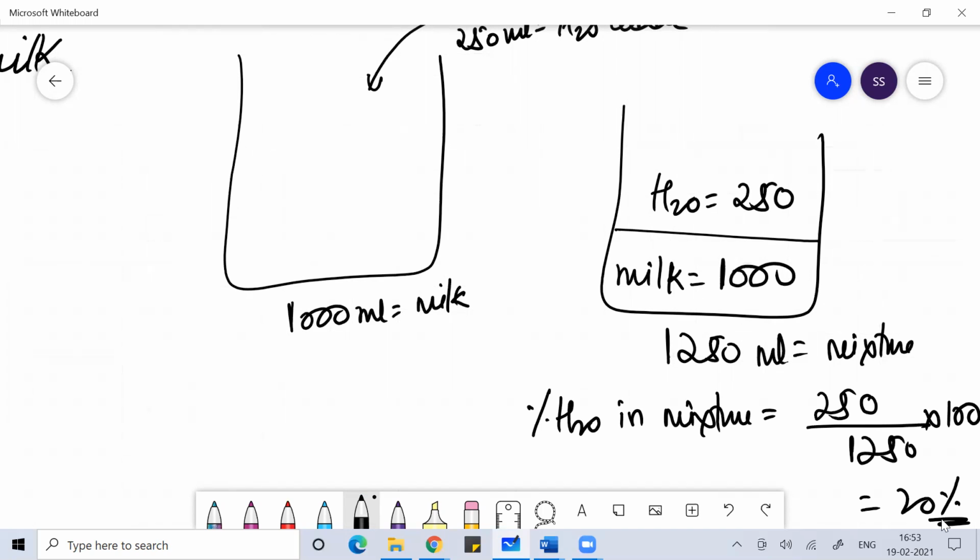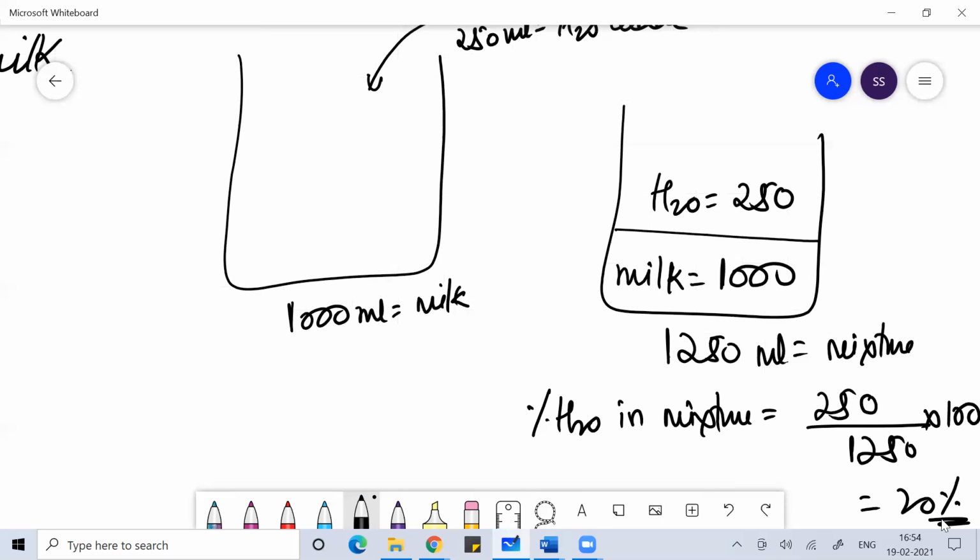I hope you're understanding. In the possibility that a milkman can make profit in two ways, either by adding water or by increasing the price, if he's claiming that he's not increasing the price, then the milkman can only make profit by adding water. Whatever the percentage of water he's adding, that much percentage of profit he's making.